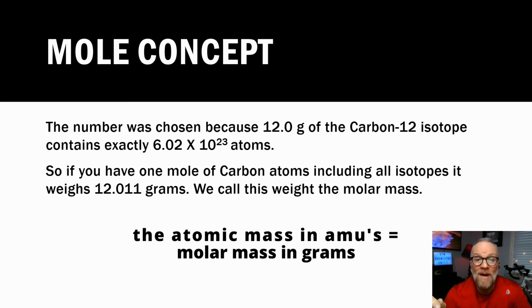And so it would weigh a little bit more than carbon-12 because carbon has some heavier isotopes as well. But carbon-12 is the most dominant isotope because it's closest to the molar mass.